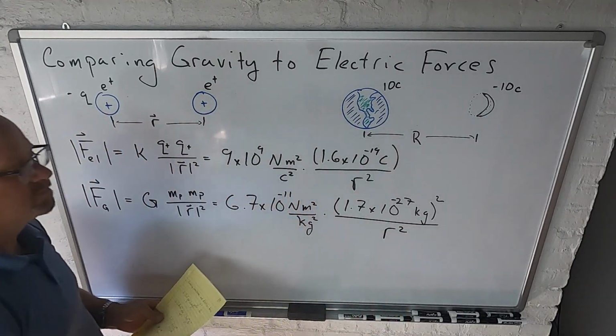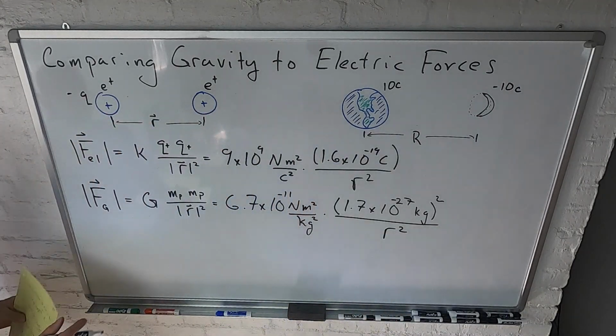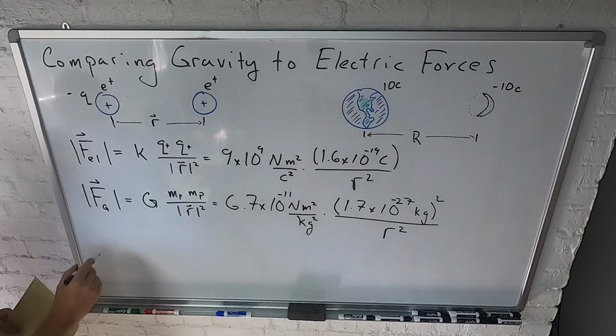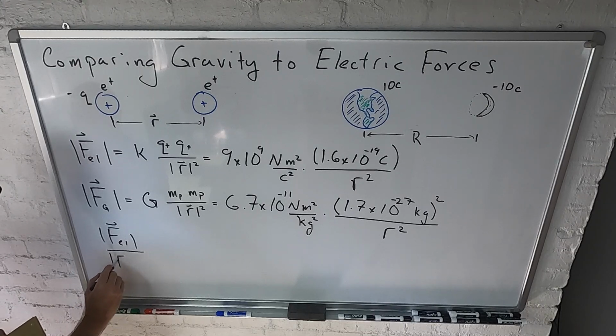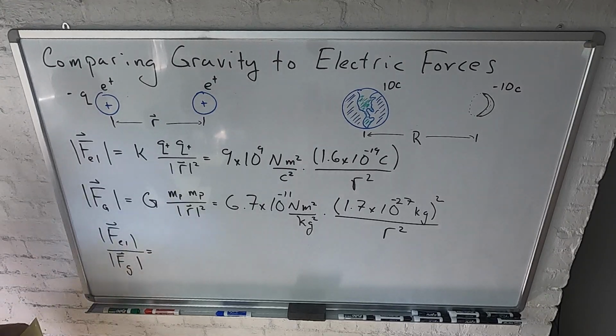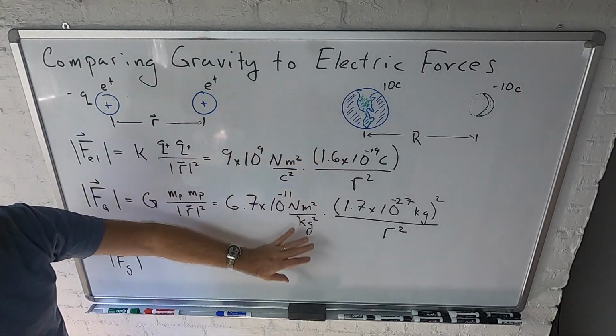r squared again. Now, if I take the ratio of the electric force to that of the gravitational force, well, I have this on top and this below.